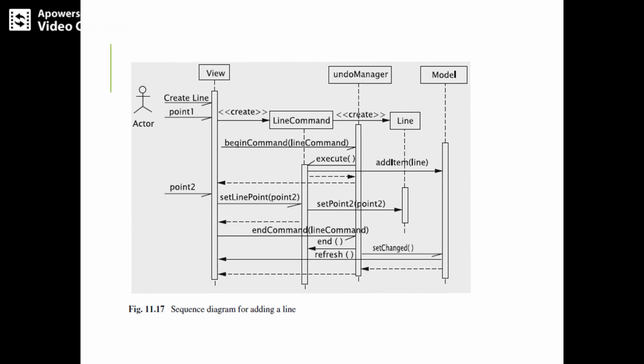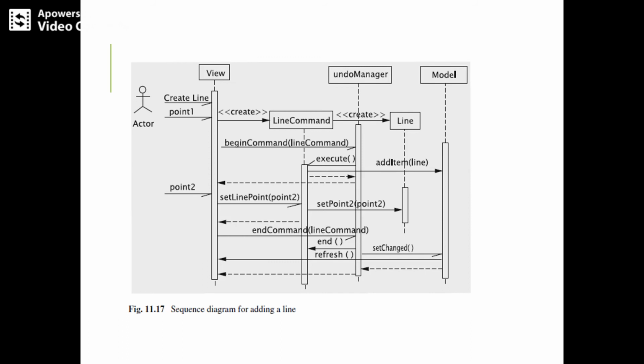We get the acknowledgement that the point 1 line add line method has started. Then point 2, set line point, comes again to the undo manager in the timeline process, set point 2. Again the add line method is connected. So the end point, whose return type is point 2, is the end point. Then end command: the line command end point will be taken.